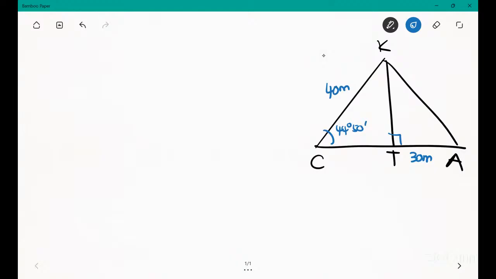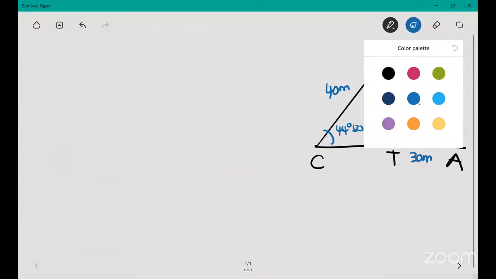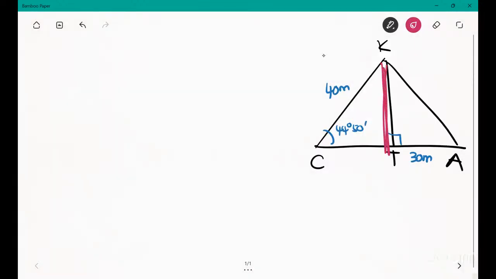Then they are saying using trigonometric ratios in the following computations, find the height of KT. So they're asking us to find the value of this. So using any trigonometric ratios. So here we can see that we're using hypotenuse. So then it has to be either sine or cos.